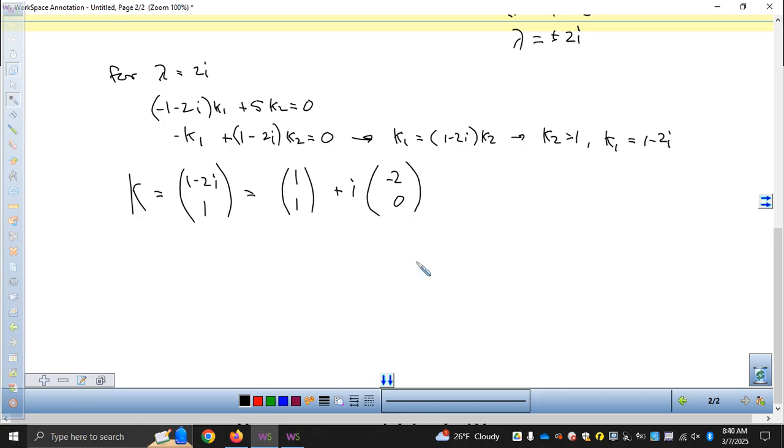Is there any reason you might do that? I would say no. Pick the easiest numbers. That's always my goal. So our real part is the vector (1, 1). The imaginary part is the vector (-2, 0).